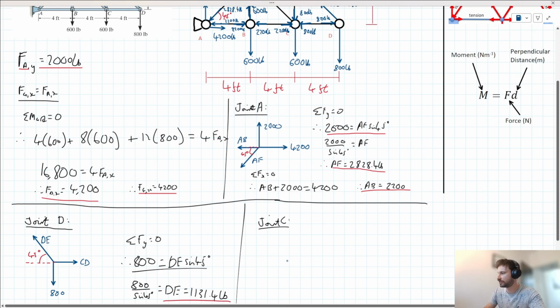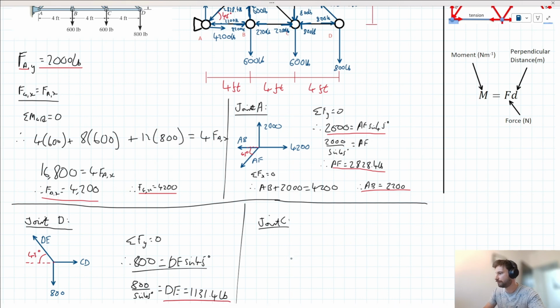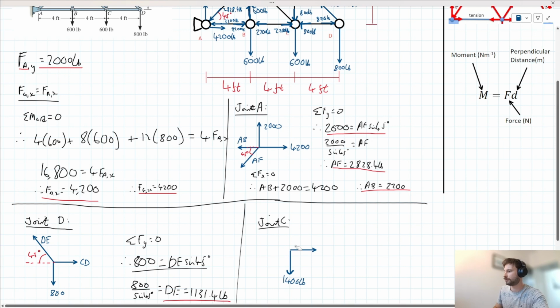Again, let's draw a free body diagram of joint C here. To keep things simple, I'm just gonna add that 800-pound force and that 600-pound force acting down and turn it into a 1,400-pound force acting down. And again, for that 2,200-pound force acting to the right and that 800-pound force acting to the left, I'm just gonna convert that effectively into a 1,400-pound force acting to the right, right?